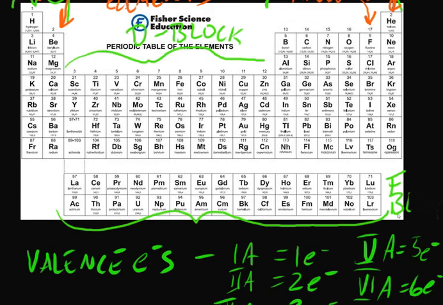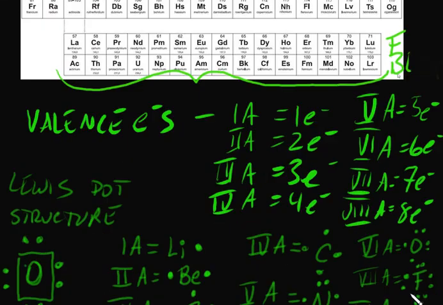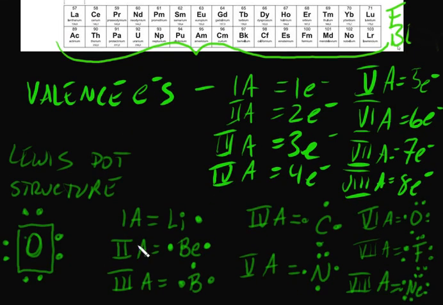Now notice, we're not talking about the D block here, also known as the transition elements or transition metals. We are only dealing with the S and the P blocks. But once you can draw the Lewis dot structures for the first 8 groups, the A groups, then you can draw the dots for any of those elements in those groups.